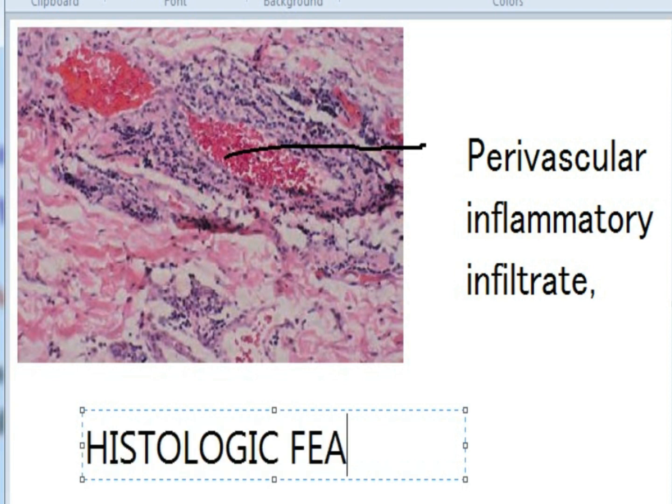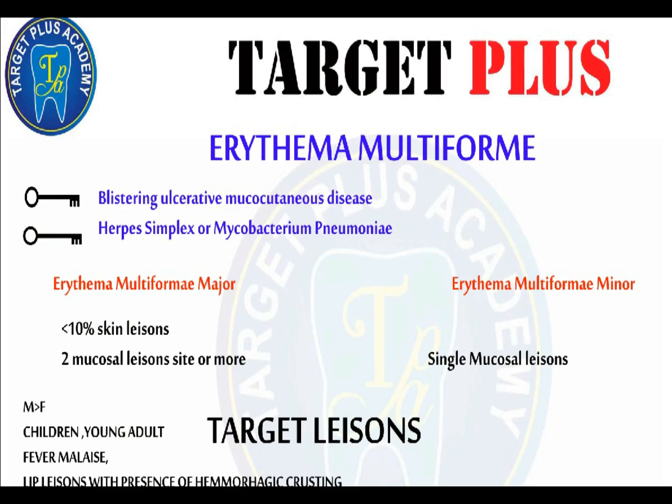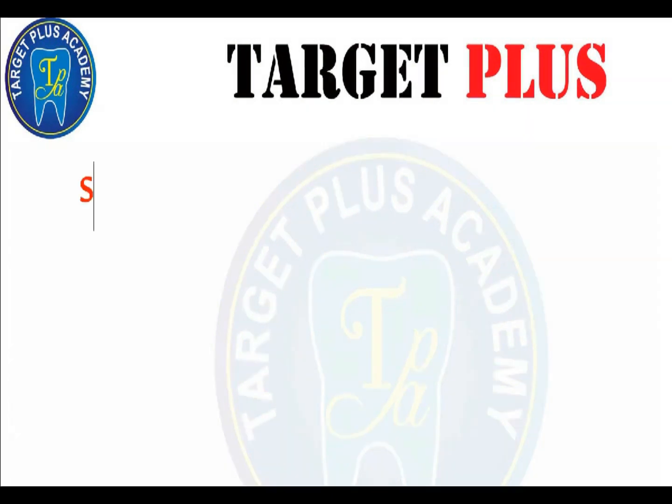You can clearly see the perivascular inflammatory infiltrate that is seen in erythema multiforme. Now treatment is supportive care, electrolytes, and a liquid diet should be given, removal of the cause, rehydration can be done, topical anesthetic agents like lidocaine gel and benzocaine lozenges can be given, and systemic steroids can be given.